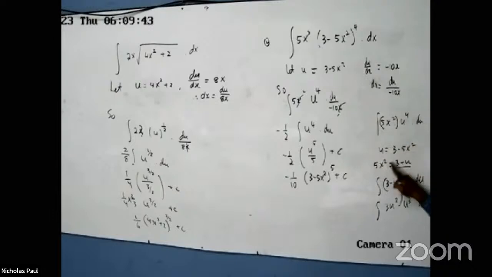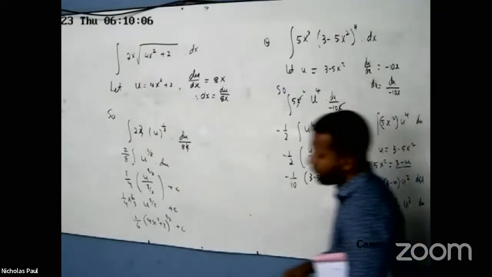So what you have to do is go back to the original substitution and make x or x squared the subject of the formula. That's okay? You have to look out for that. Sometimes that will happen. Okay? And then when you make a substitution, the integral you get should be easy to work out. All right? So I'm going to give you one like this now. Actually, a past paper, right?